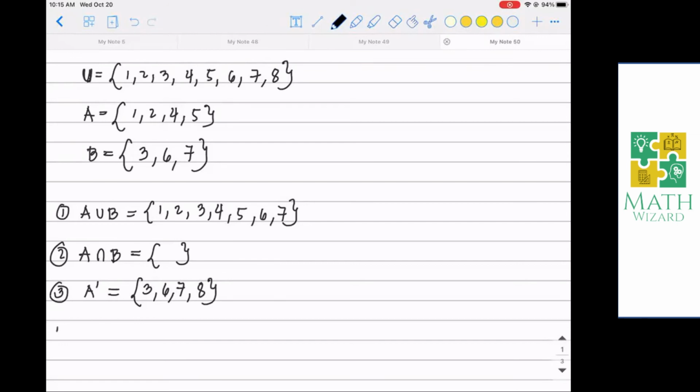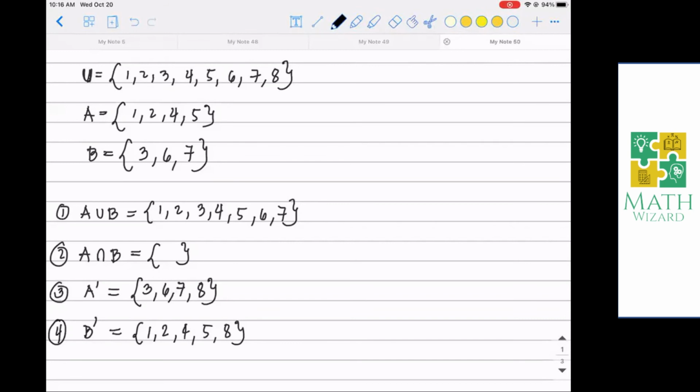Let's now find the B complement. What are the B complements? Sige nga, you look for the B complement. Yan, ang sagot natin for the B complement are 1, 2, 4, 5, and 8.